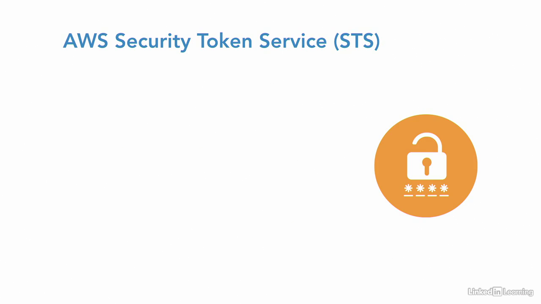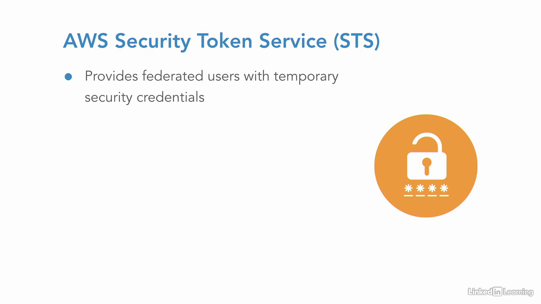We also have a service called the Security Token Service, which provides a methodology for federated users to receive temporary security credentials. So if I have a copy of Active Directory on-prem synchronized with a copy of Active Directory in the cloud, then when I bring my credentials as an external user to AWS, those external credentials are checked with the copy of Active Directory on-prem.